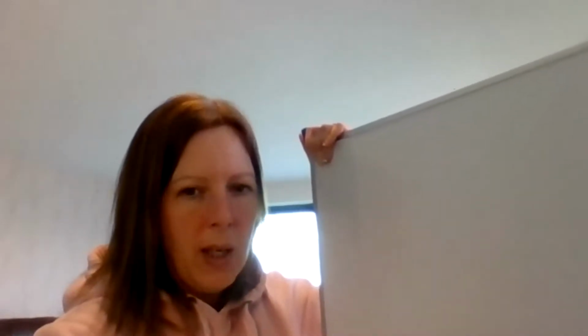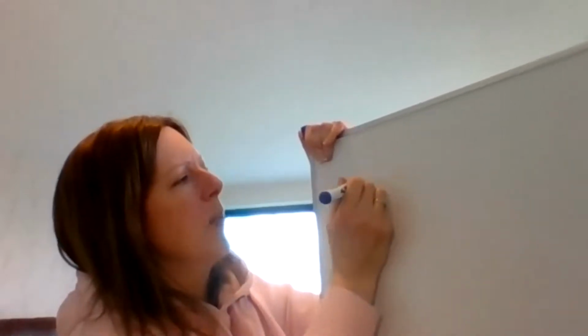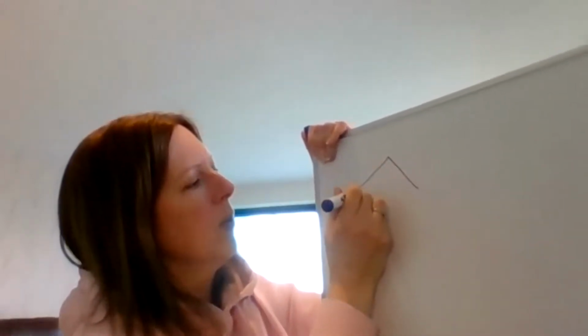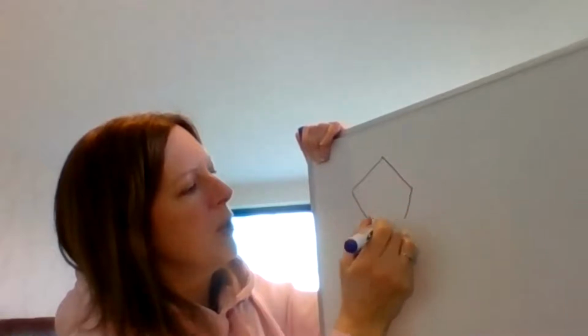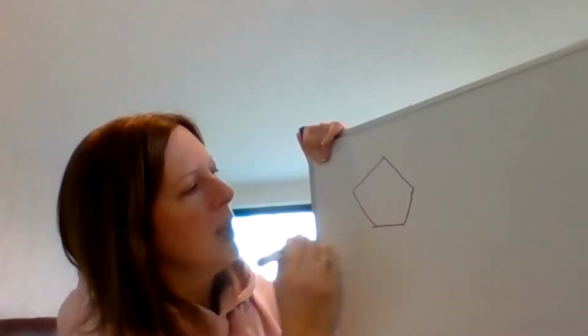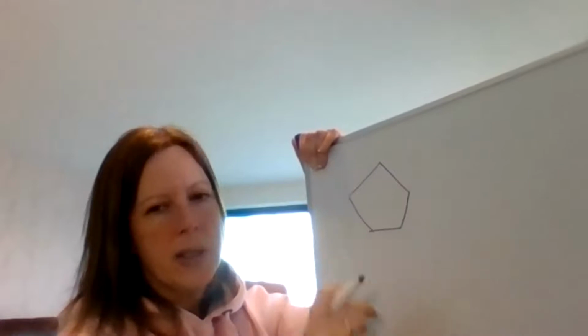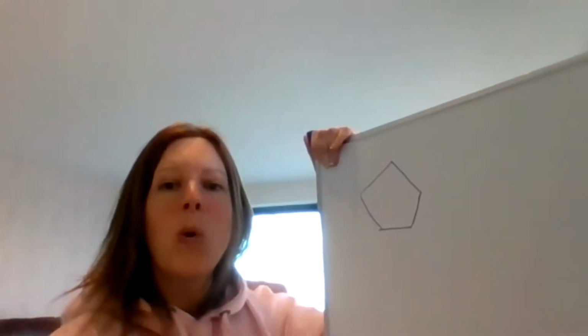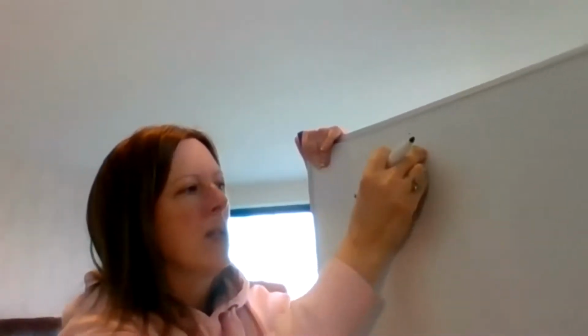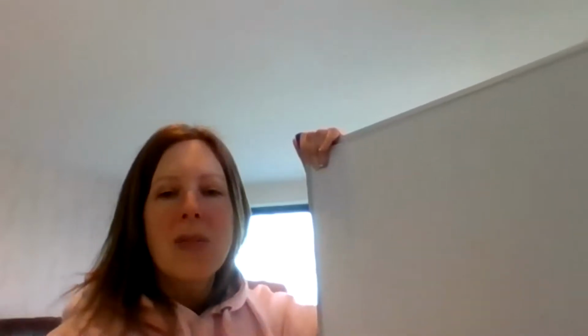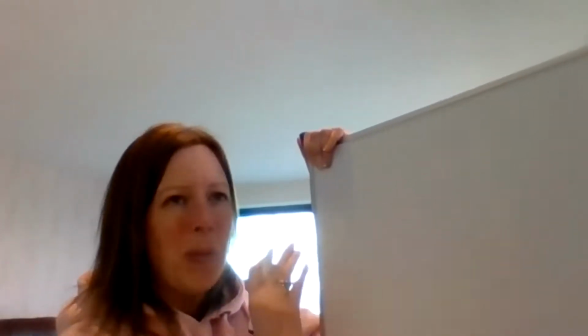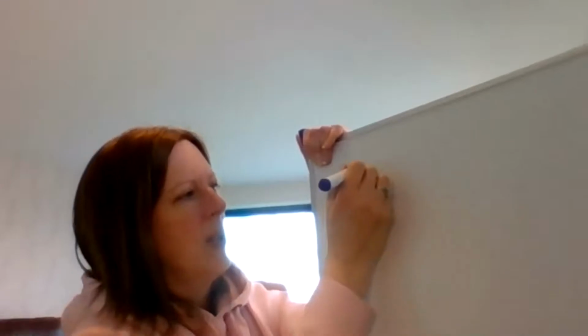So a regular pentagon, we would expect to look, and again, I'm just sketching this really quick, this is probably not the best example, something like that, where all the sides are the same length, okay? That would be what we'd expect, a regular pentagon. But if it's an irregular pentagon, it can be any 5-sided shape.